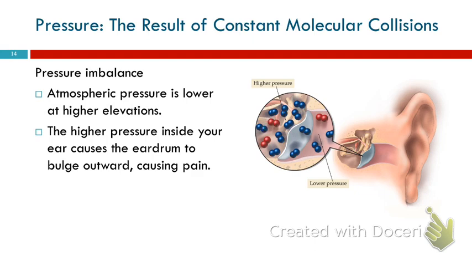As you go to a higher elevation, the atmospheric pressure outside is lower. So this pressure becomes lower. The pressure inside remains the same, and that causes your eardrum to bulge out. Now, that's not necessarily painful, but it's not really comfortable either.